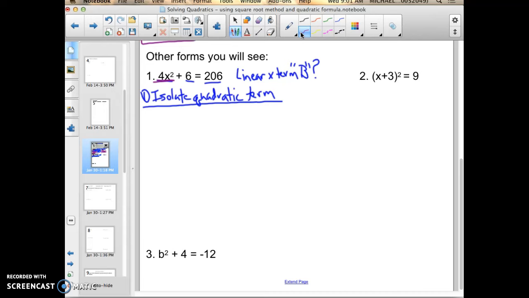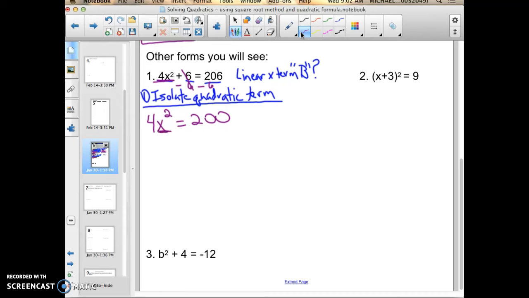This 4 is closer than this 6, so I have to move that 6 over to the other side of the equation. That 6 is being added to it, so I need to subtract it to get rid of it. Whatever I do to one side, I have to do to the other side. So the plus and minus cancel out the 6's on this side, so I'm left with 4x squared equals 206 minus 6 is 200.